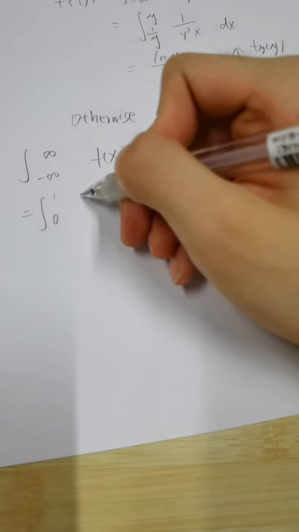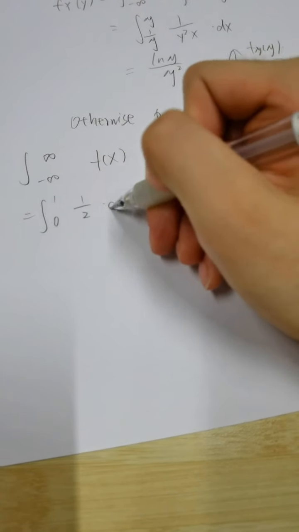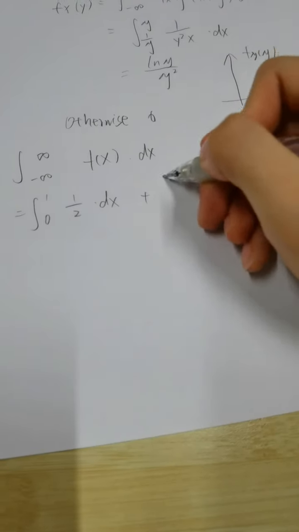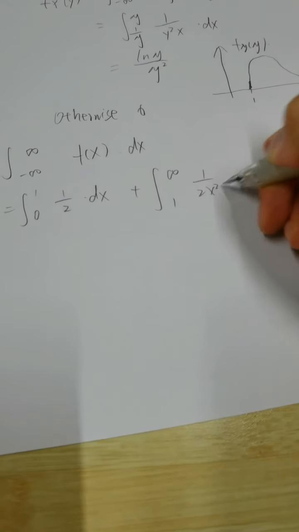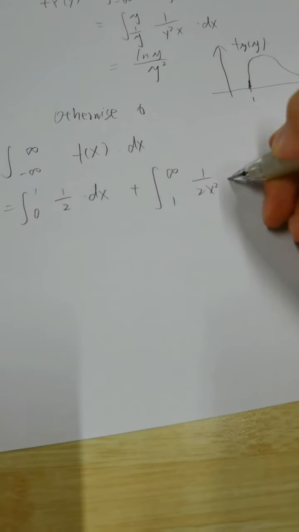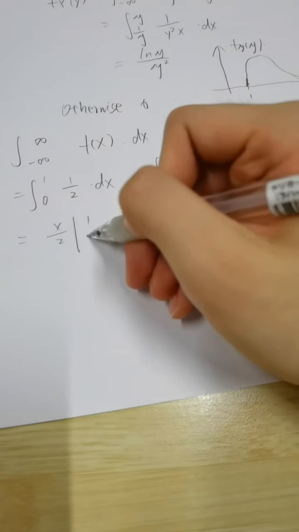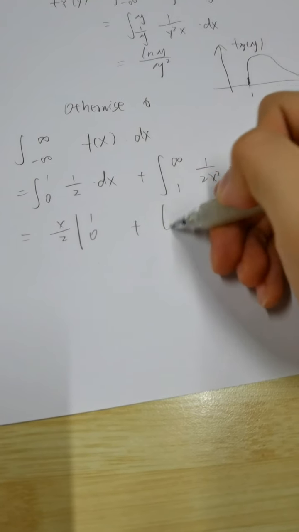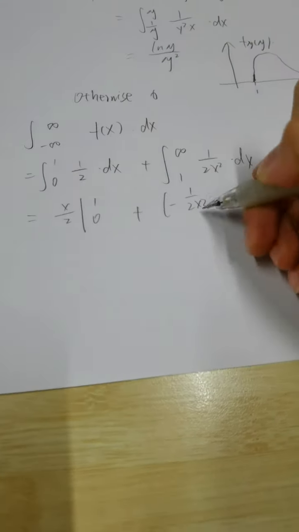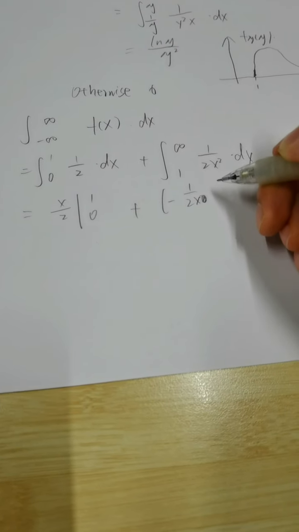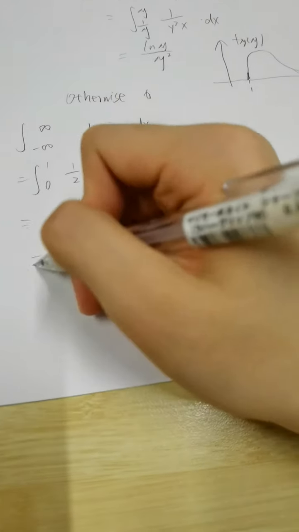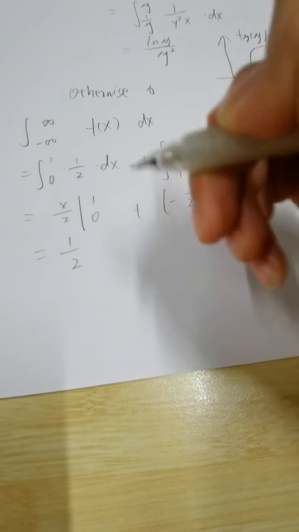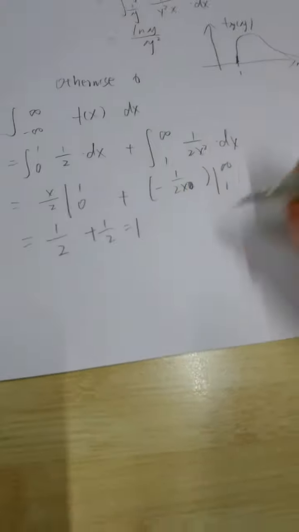There are two parts: 1 over 2, already calculated from the third part, plus 1 over 2x squared times dx. Taking the integral of this part, we get x over 2 from 0 to 1, plus negative 1 over 2x from 1 to infinity. We can calculate out 1 over 2 plus 1 over 2, which is 1. So verified.